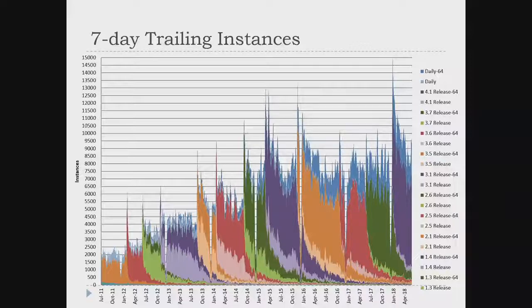And then you can also see that each one of these is a new release. We watch pretty closely how quickly the last release gets squashed by the new release. You can also see that the lighter color is 32-bit systems, and so we're running out of 32-bit systems. We'll probably discontinue Skyline 32-bit soon. And if you're doing DIA, don't use a 32-bit system. It'll just run out of memory and die.